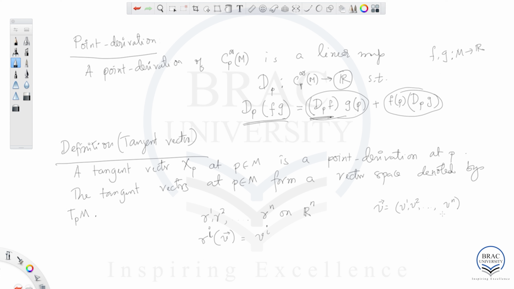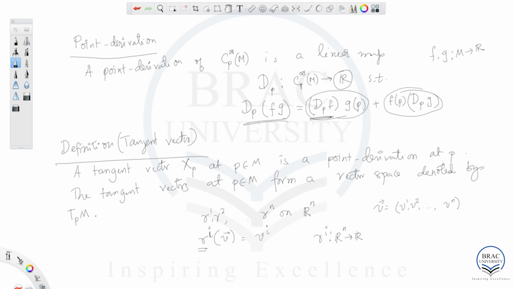This is how you define this function r^i. So each r^i is a function from R^n to R, a real valued smooth function on the Euclidean space R^n.